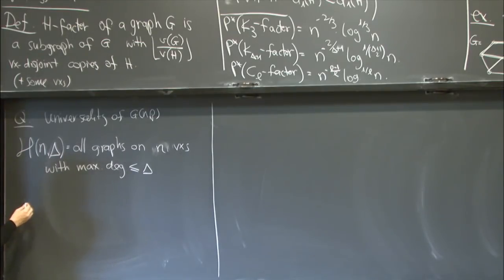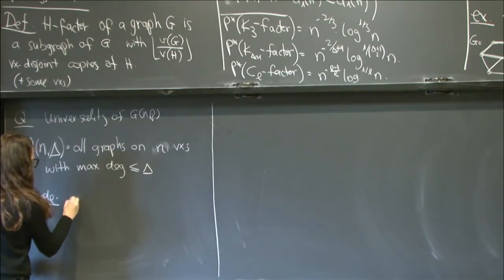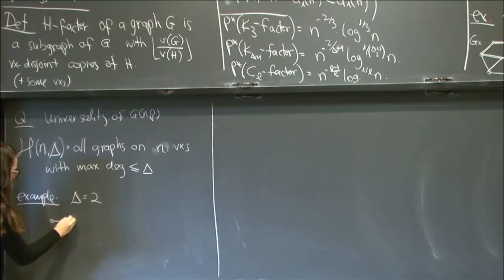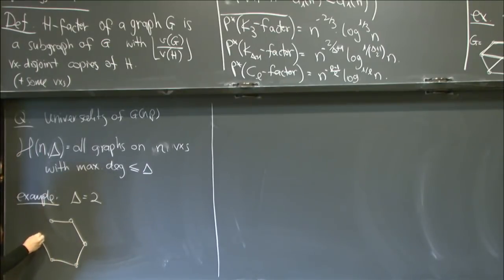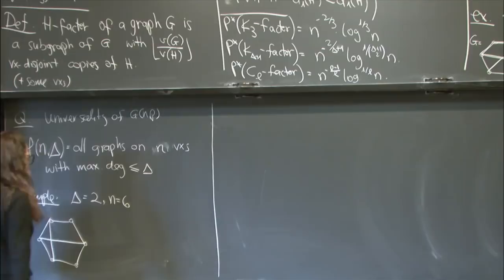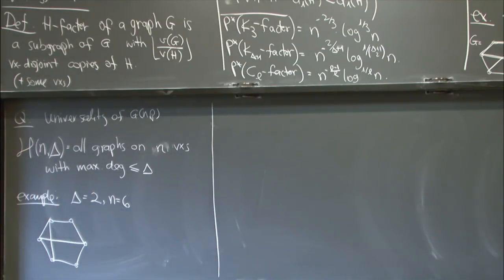Okay, so maybe let's see some example of 2 universality. So let's look at the example we had before. So Δ equals 2. The same example as before. Before it was F universal. What about now? Is this graph 2 universal? So n is 6. We have a maximum degree 2. What does it mean that we have a maximum degree 2?